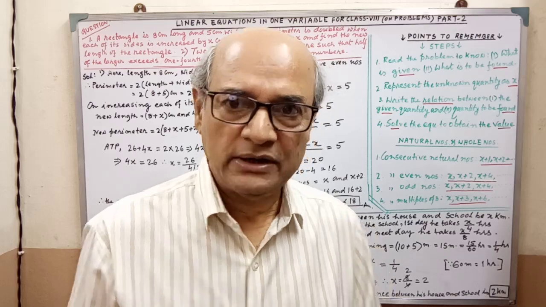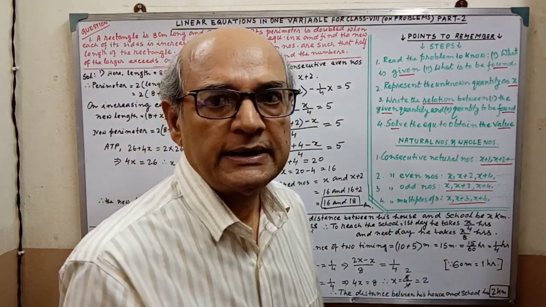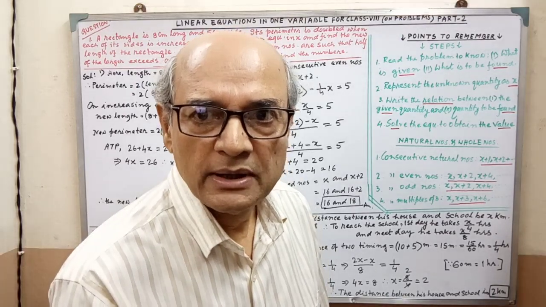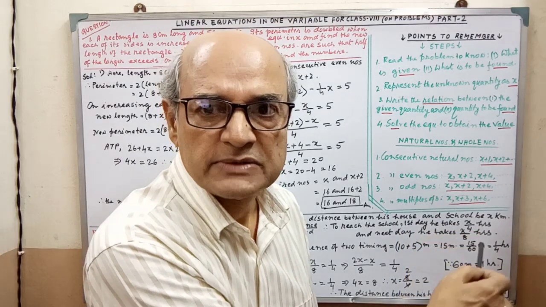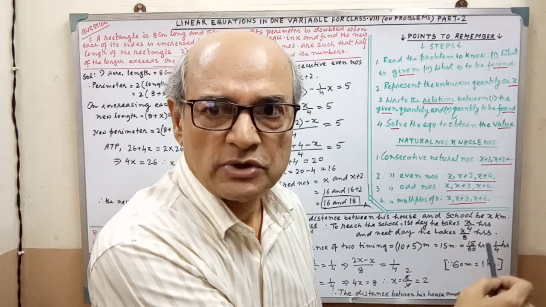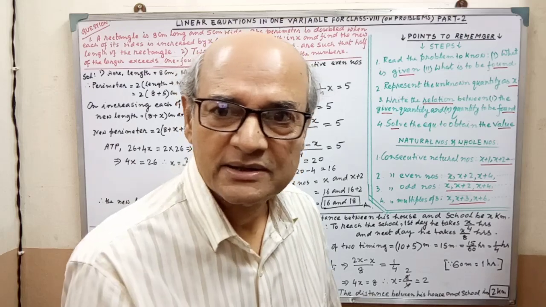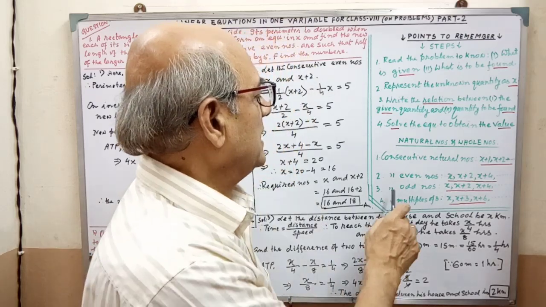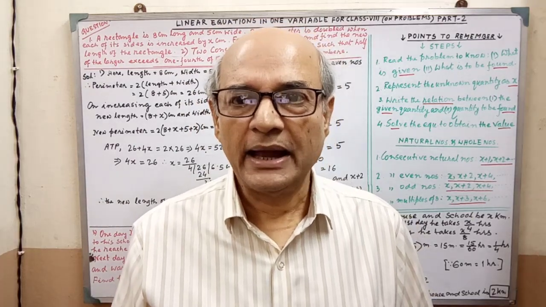So if one consecutive even number is x, then the even numbers just after x, that is x plus 2, just after x plus 2, that is x plus 4, just after x plus 4, that is x plus 6.